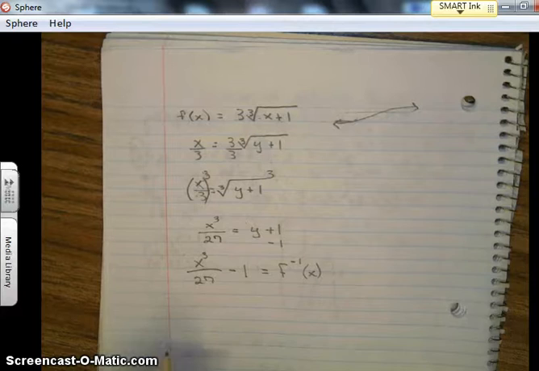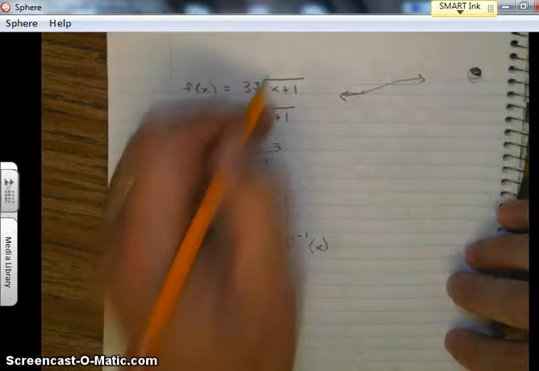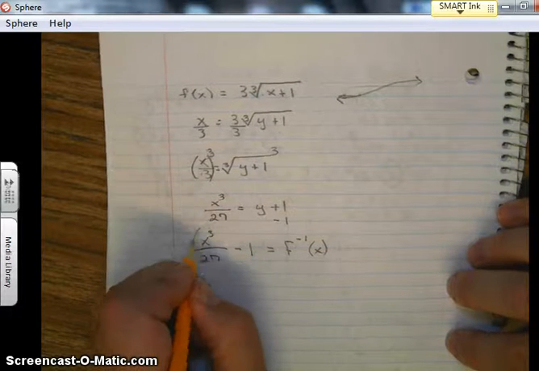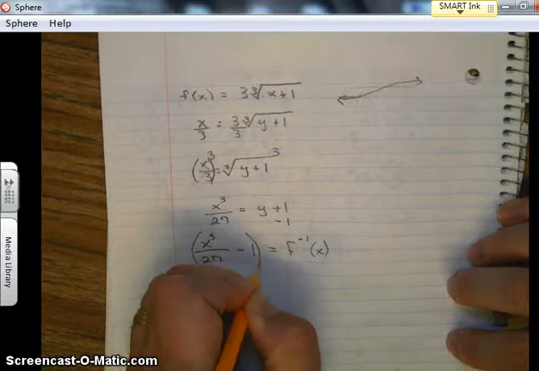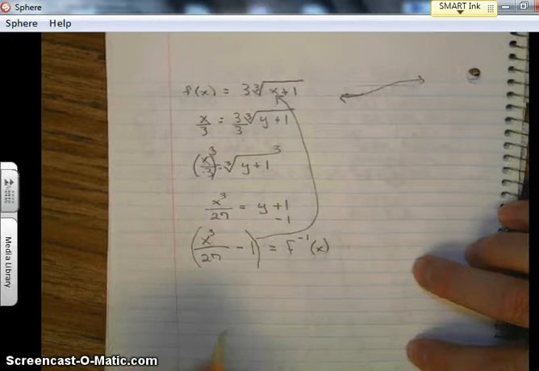Now let's go ahead and use composition to prove that we did this correctly, that they are indeed inverses of each other. So I'm going to take this function right here and plug it into the original in for x.